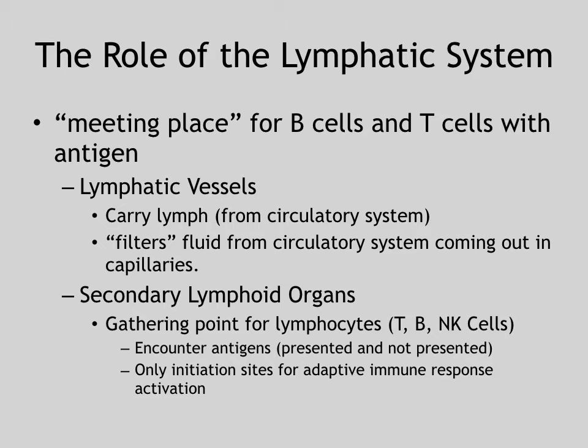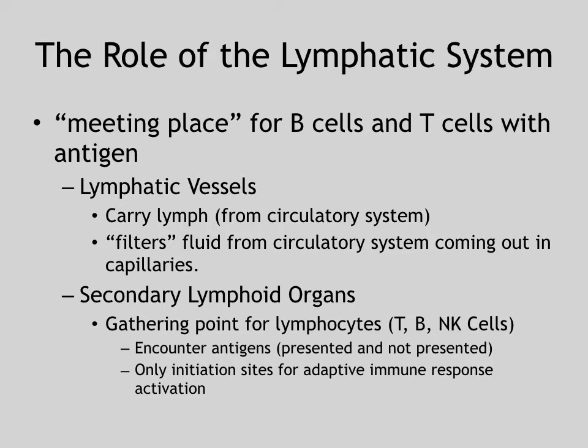And at the capillaries, fluid from the bloodstream is literally filtered into the lymphatic system itself. That fluid is called lymph. The lymph will circulate throughout the lymphatic system, moving through the lymph nodes, and the lymph nodes act as the big filters. So the lymph nodes are those secondary lymphoid organs, and in those organs is where antigen presentation takes place.